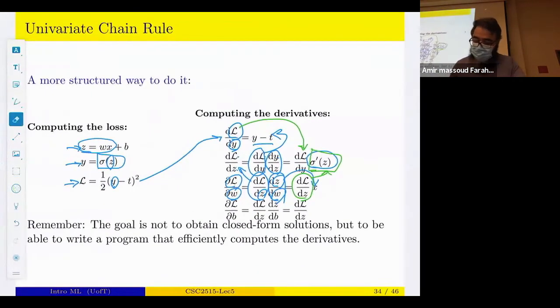And the same for the derivative of L with respect to B.